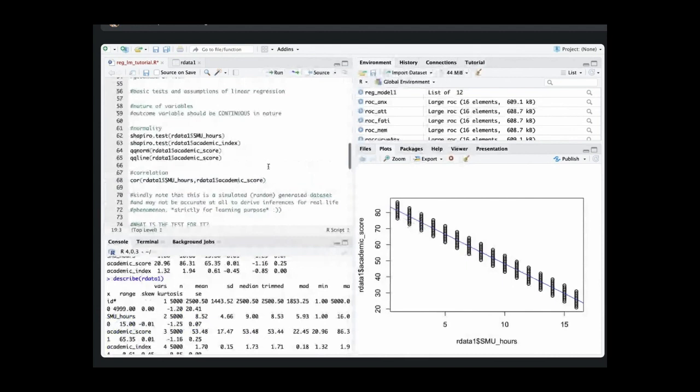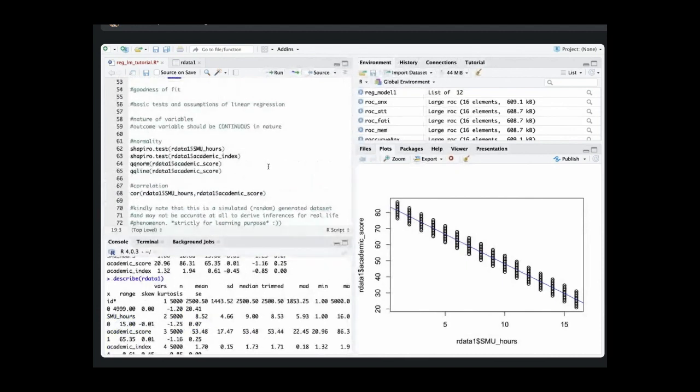By being continuous in nature, I mean that it should range over a particular starting point and an end point, and there should not be any discrete or categorical values in our variable. An example of this would be height, right? So height ranges from, let's say, 130 centimeters, and this is just my rough estimation.